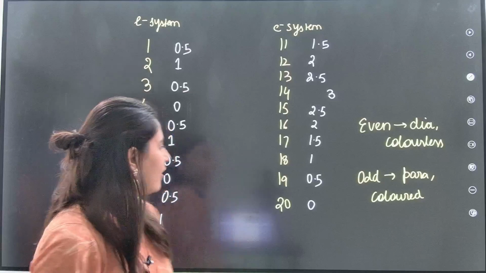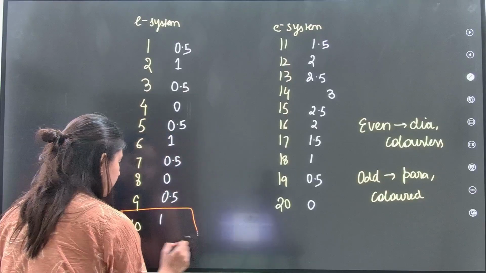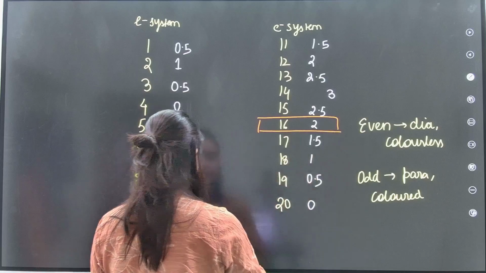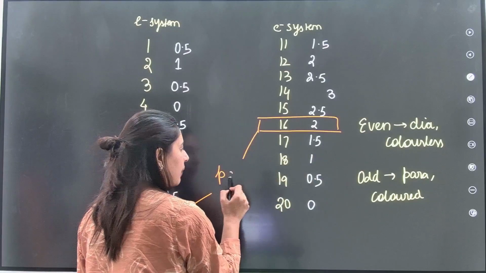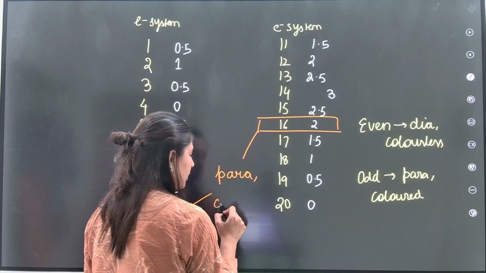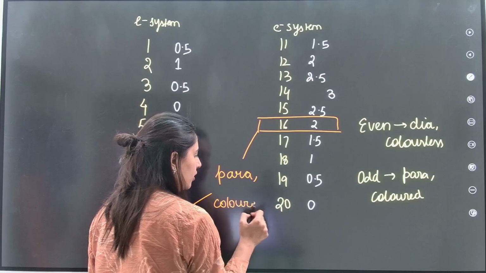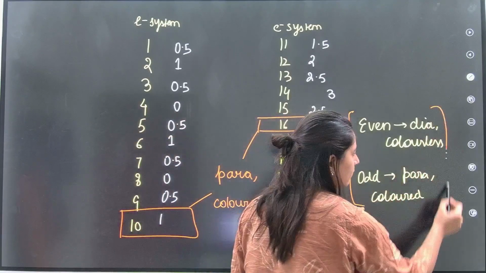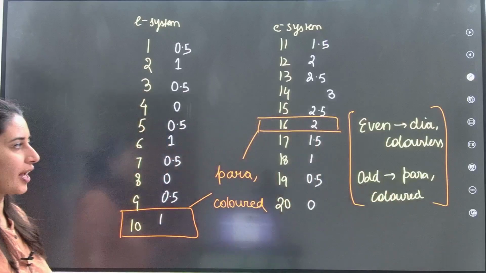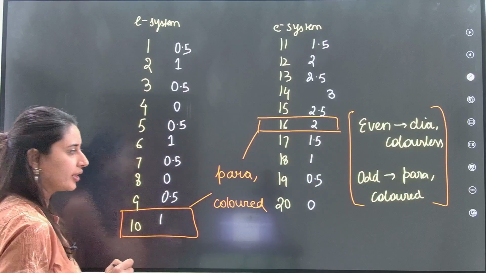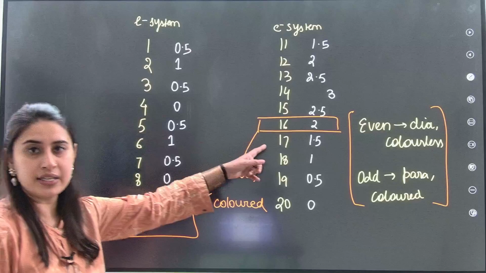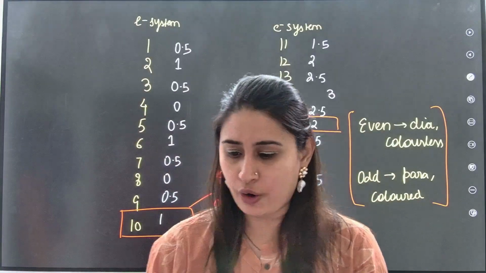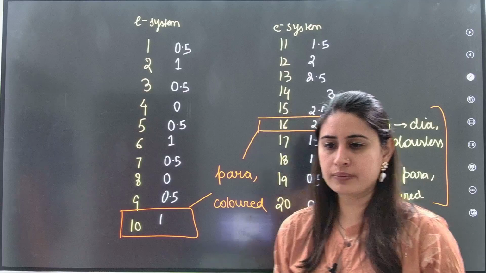Your 10 electron system and your 16 electron system, even though they are even, are going to be paramagnetic and colored. So the rest can be dealt with this knowledge: even means diamagnetic, colorless; odd means paramagnetic, colored. But 10 and 16 electron systems are an exception to it. All right, I hope this is absolutely clear.